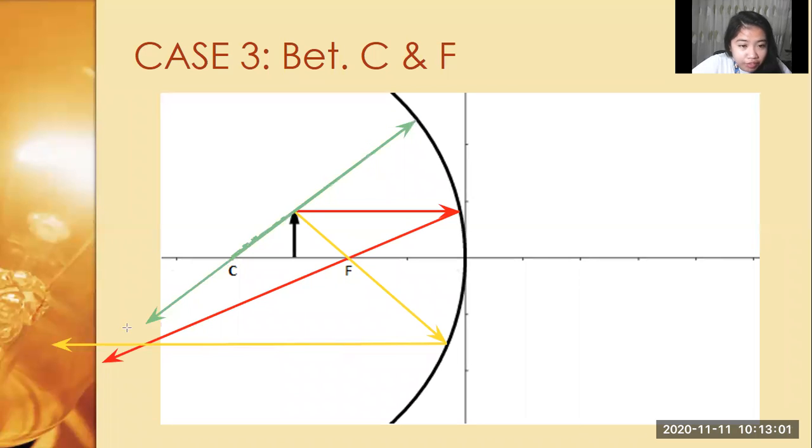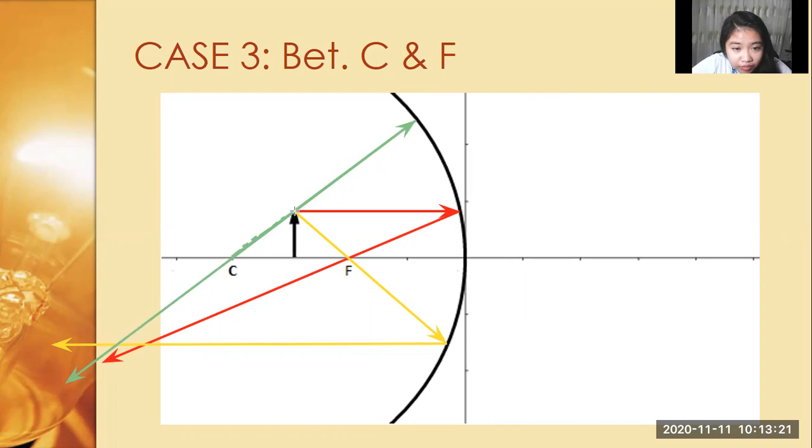So it's going to reflect and then go back here. And so hindi sila nag-intersect ng maayos. Ang hirap nilang pag-intersect. And let's go to the SR4.